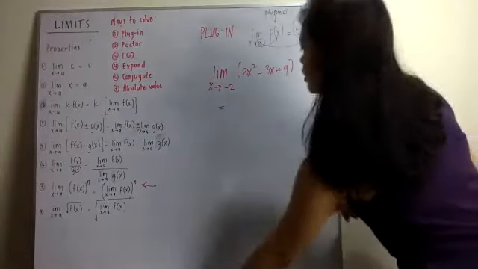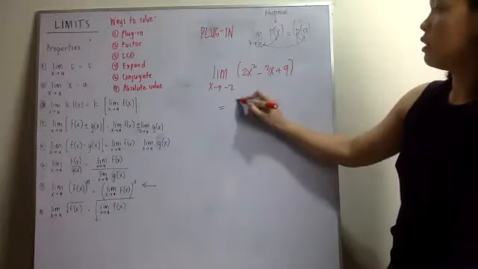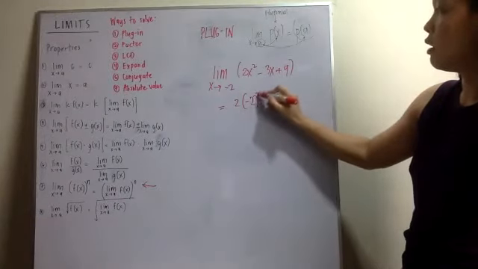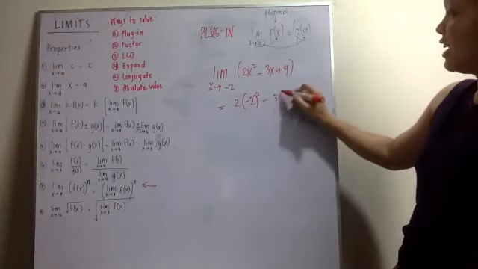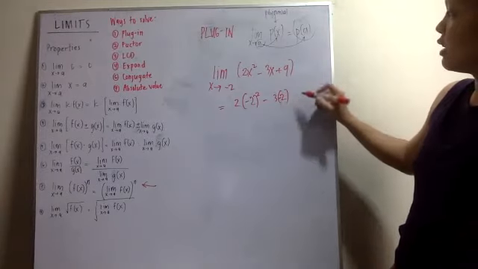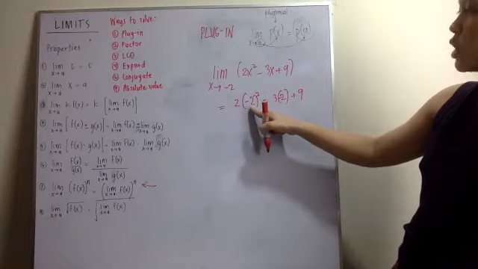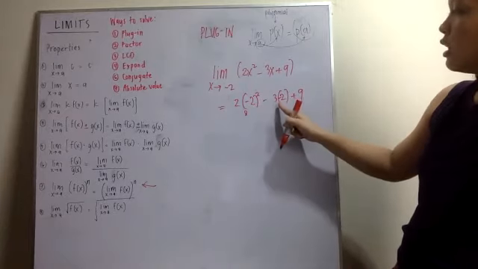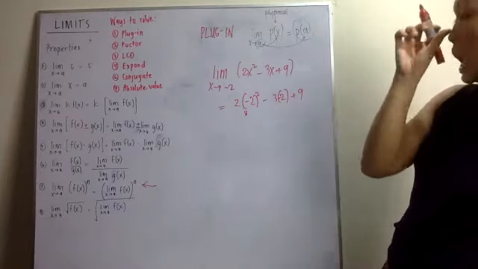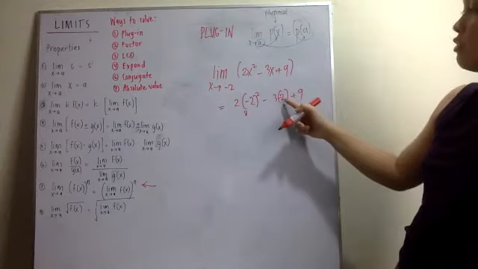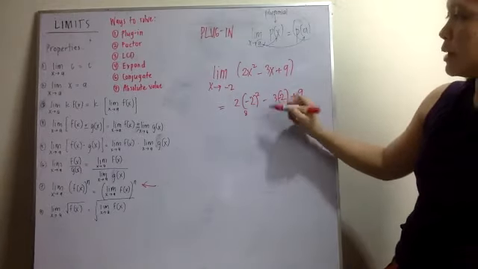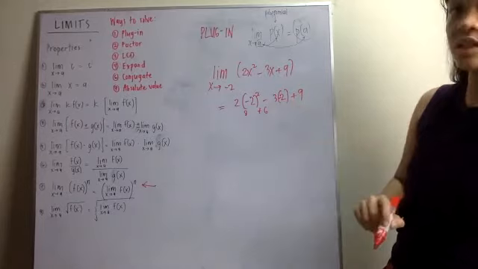So, yung ano po, yung naging sagot ko po, 7. Hala, di ako sure, pero nag-plug in lang din ako. Okay, tingnan natin. Okay, this one, 2 times, ito magiging 4, so that's 8. 3 times negative 2, that's negative 6, pero may negative, so magiging positive 6.